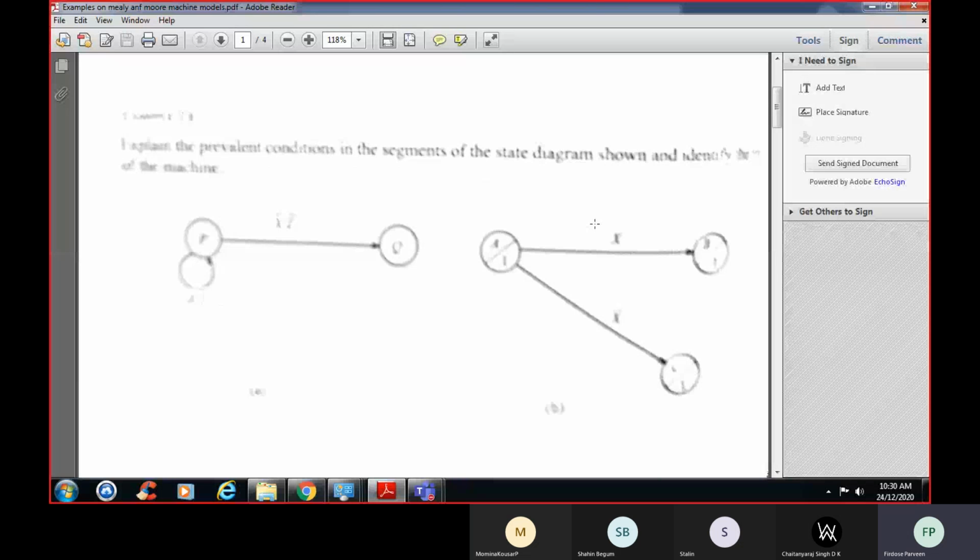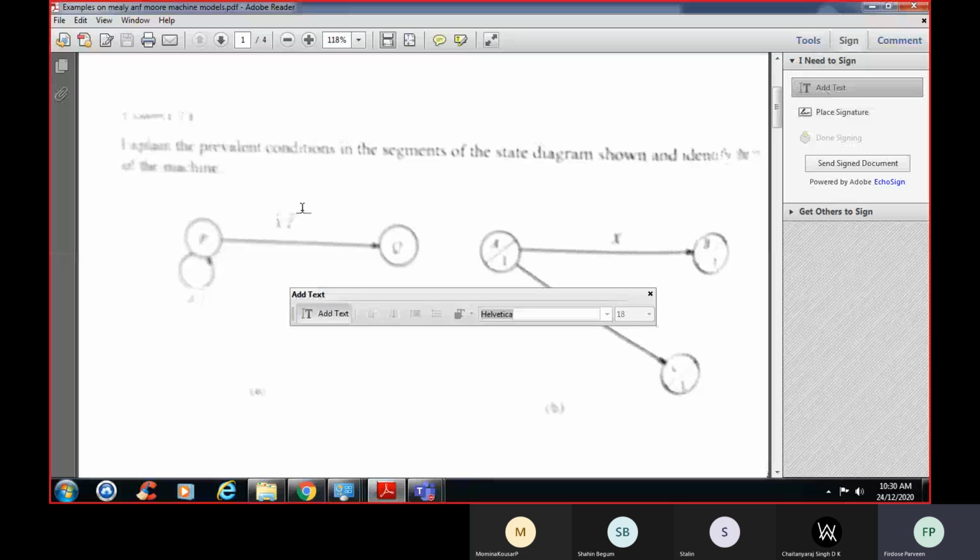So the diagram is not correct actually. Like it is not being visible. So you all take down the diagram. This is state P and this is state Q.